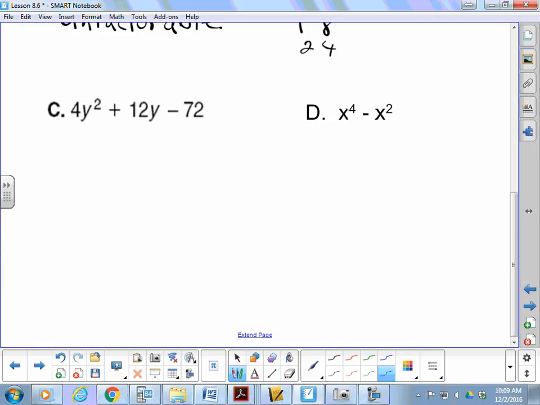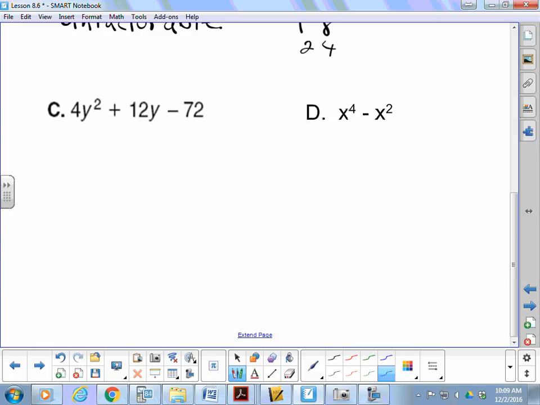Does the 72 have a y? So they don't have a y in common. So we've got the numbers 4, 12, and 72. Okay, they're all even, so first of all, I can try 2. But what about 4? Does 4 go into 12? Does it go into 72? Well, try it. Take your calculator and see.